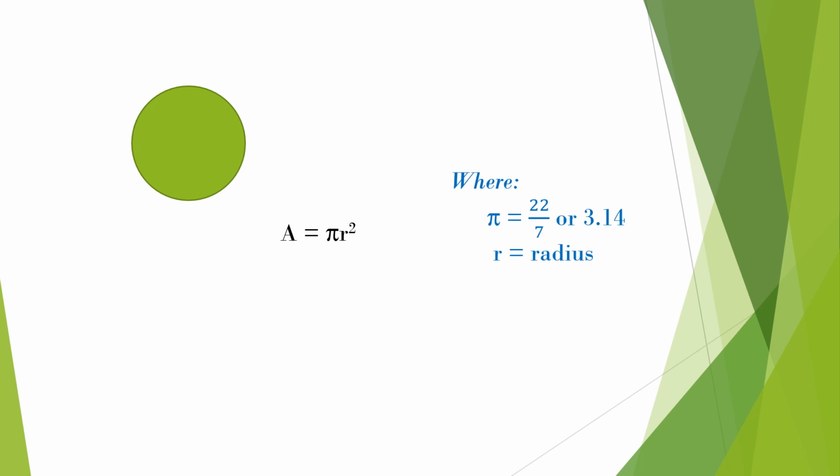Pi is equal to 22/7 or 3.14. In this lesson, we're going to use 22/7. Is that understood? We will always use 22/7.